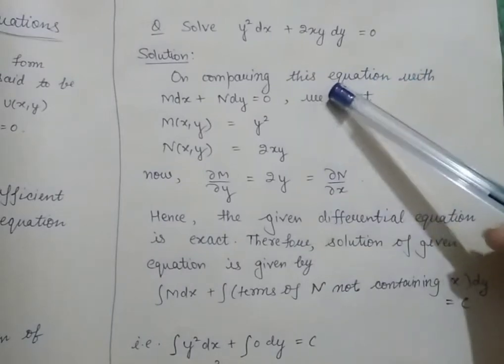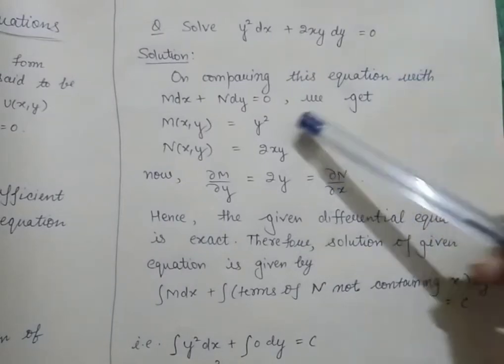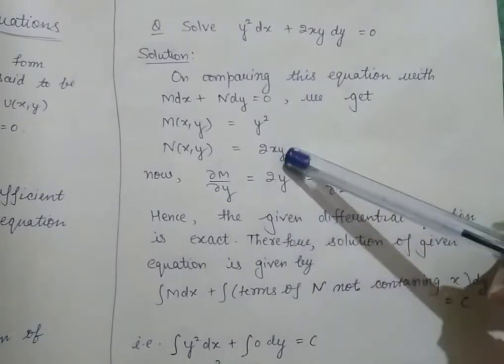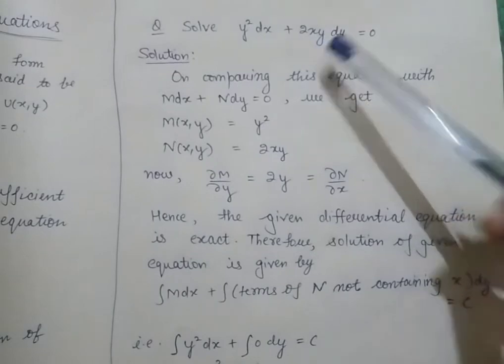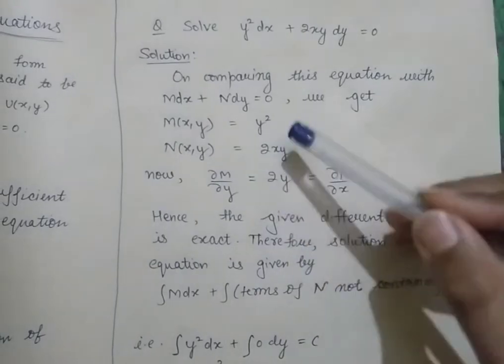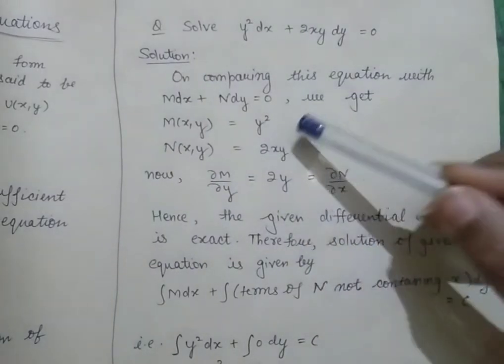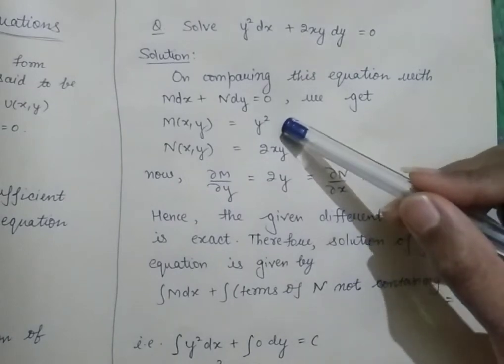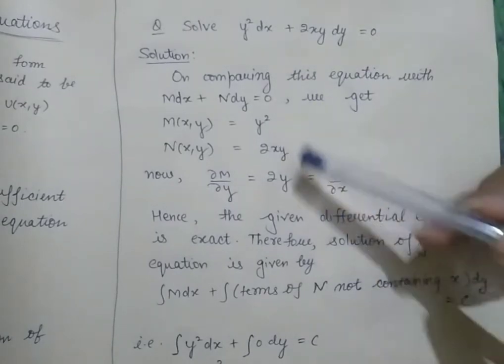On comparing this equation with M dx + N dy = 0, we get M = y² and N = 2xy. Now, to check exactness of the equation, we differentiate M with respect to y, keeping x as a constant. This is 2y.